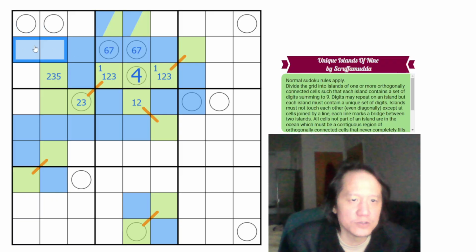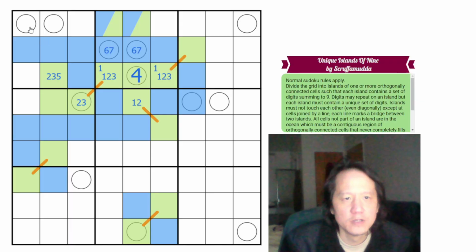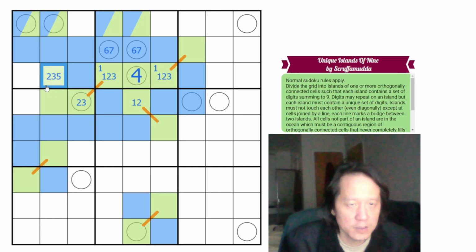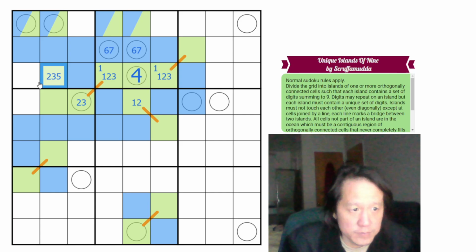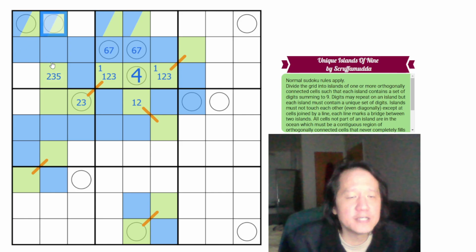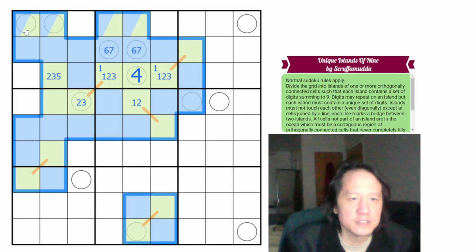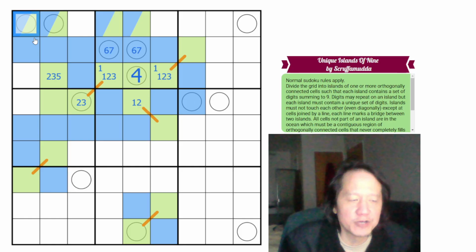Because these two are blocked by here and then the border of the grid. So they would see exactly the same, but they can't be. One has to be blue, one has to be green. If it's an island by itself, so say this was an island, it would only see one digit, but that would not add up to 9. So this cannot be an island by itself.